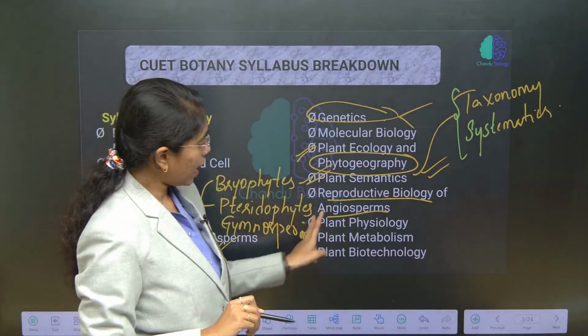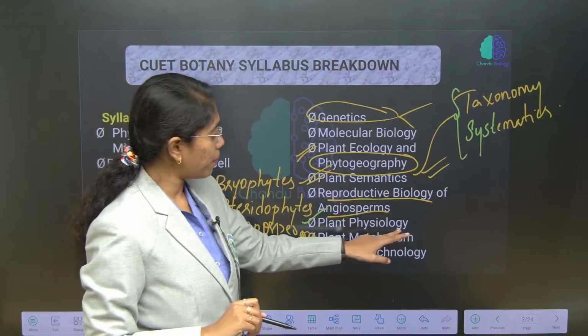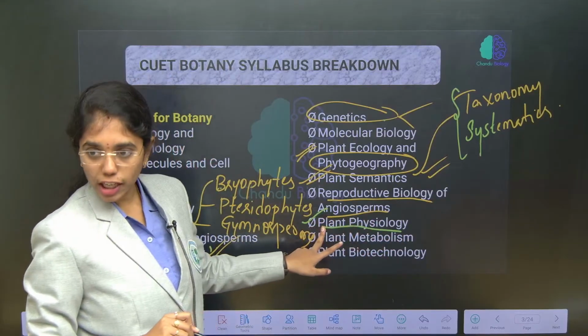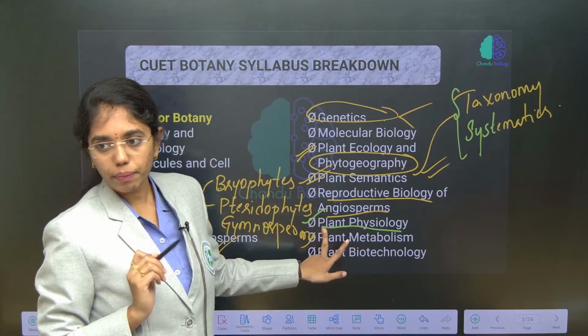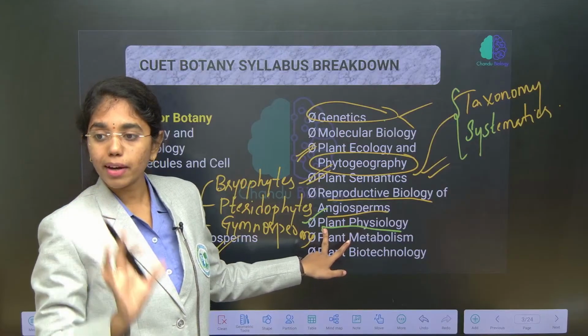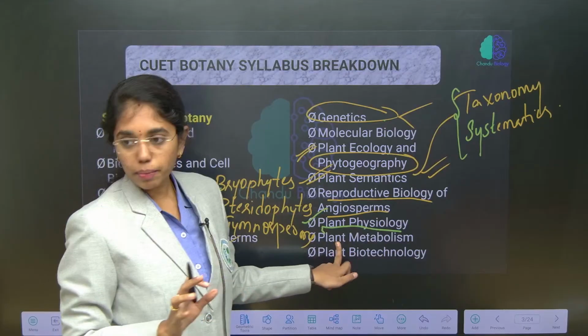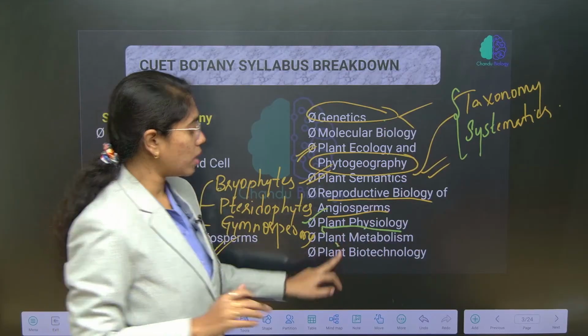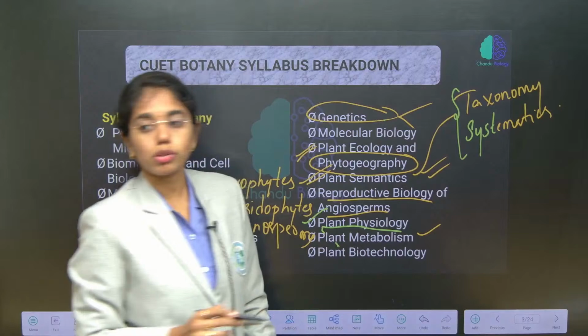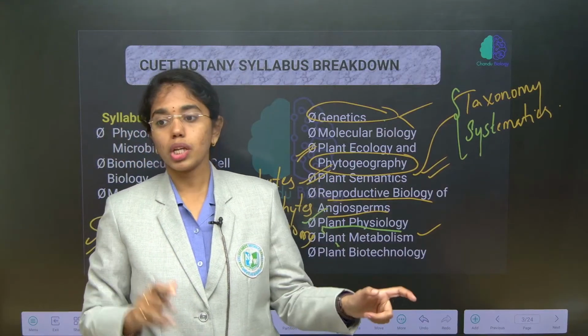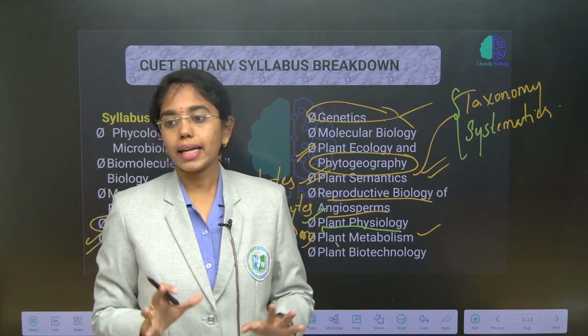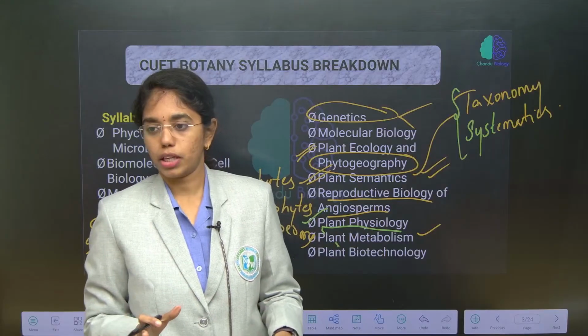And then plant physiology, complete plant physiology from transportation to plant growth and development we have to highlight here, including biosynthetic pathways, their energetics, bioenergetics. Then plant metabolism. Under plant metabolism, we will target all the biosynthetic reactions in nutrition and respiration, highlighting the bioenergetics and numerical applications.